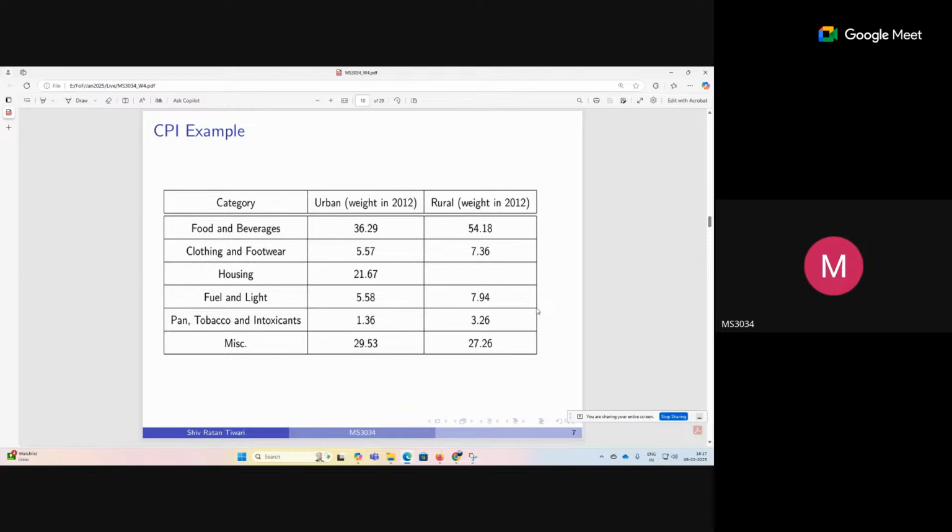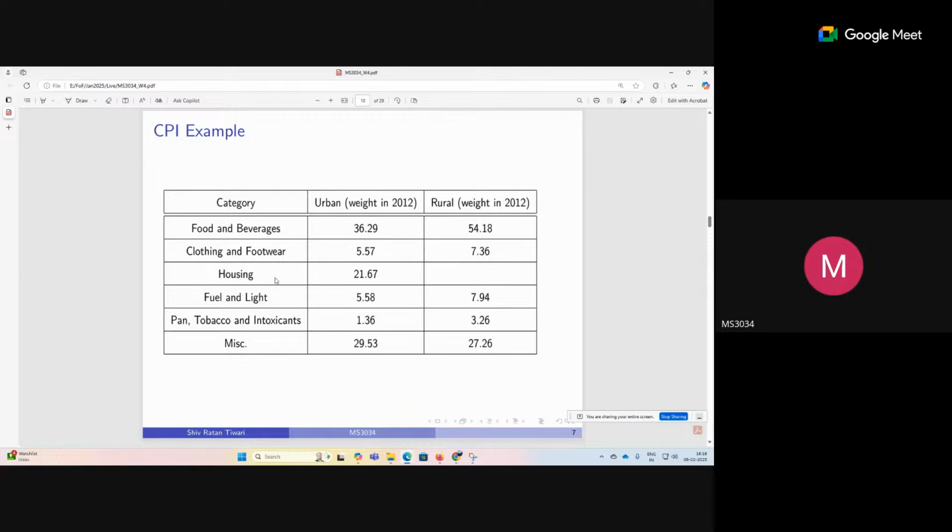In India, there are two separate baskets, one for the rural population and one for the urban population, and these are the weights for different categories. These major categories are food and beverages, clothing, housing, fuel, tobacco products, and miscellaneous, which includes many different products.